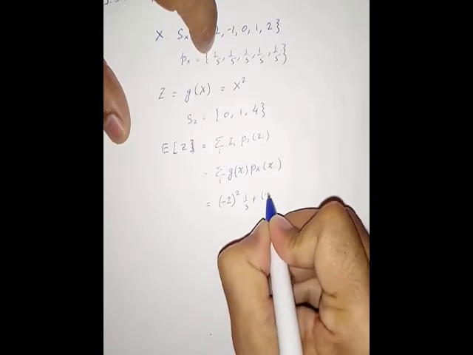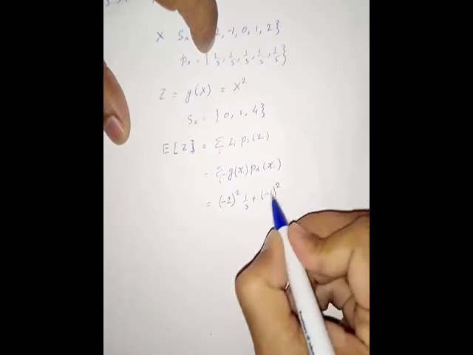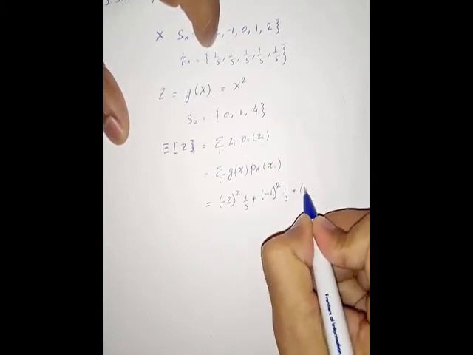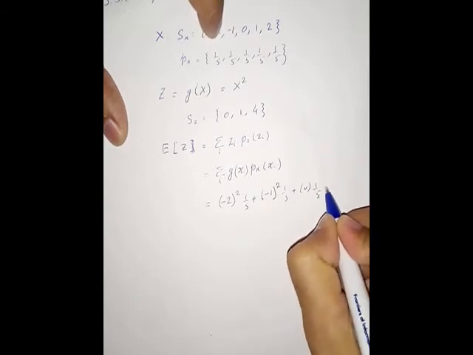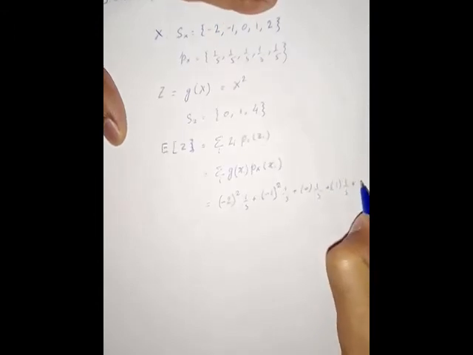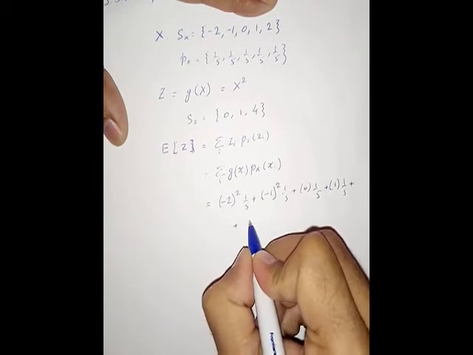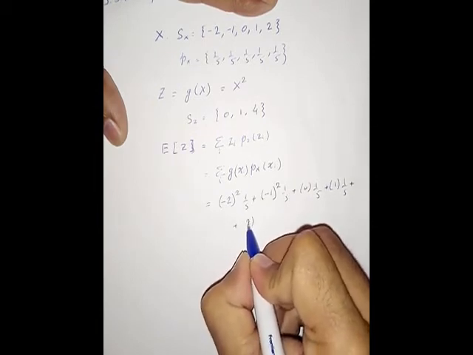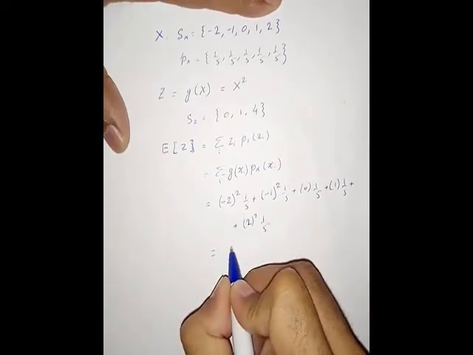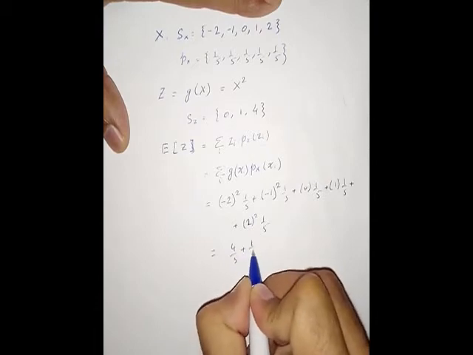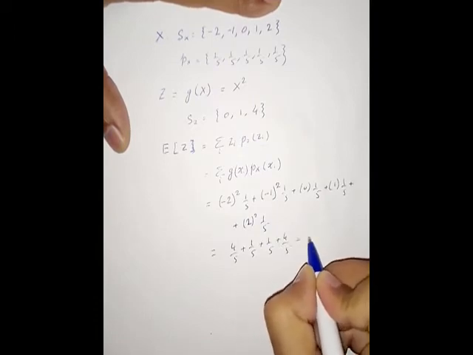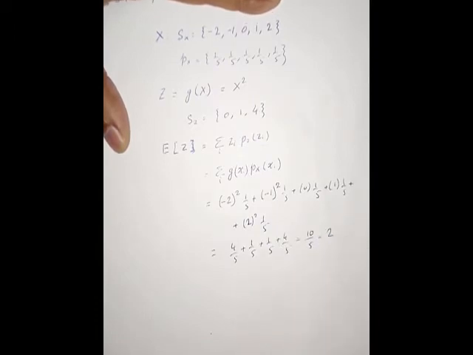Plus the next value of x through the function, squaring it, into 1 over 5, plus the third value into 1 over 5, and so on. 2 squared into 1 over 5 comes out to be 4 over 5, plus 1 over 5 plus 1 over 5 plus 4 over 5 is 10 over 5, which is equal to 2.